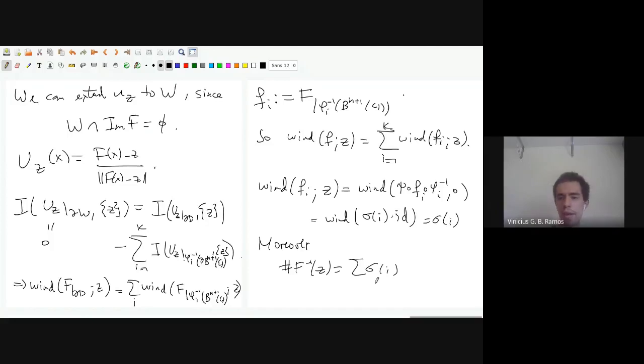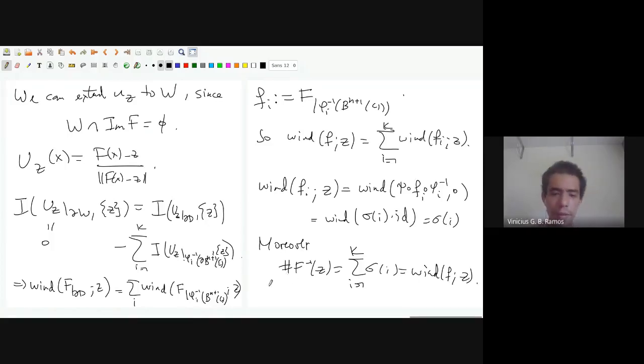Okay, so now we're basically done. This sigma_i, this sign, is the same as the winding number of f_i, and the sum of the winding numbers of f_i is the winding number of f relative to z. So if you combine all the equations here, this is the winding number of f relative to z.